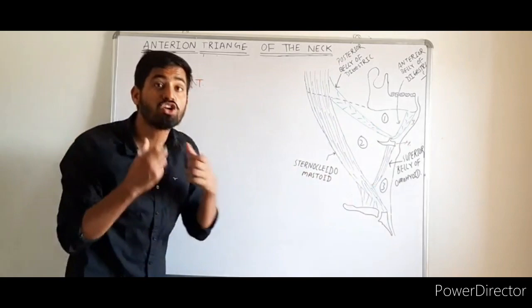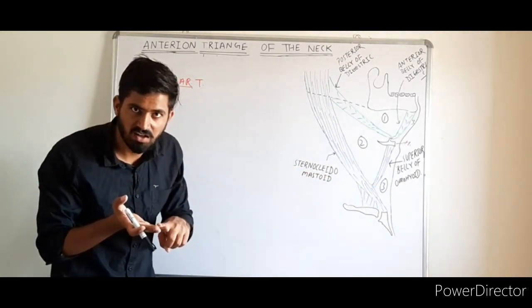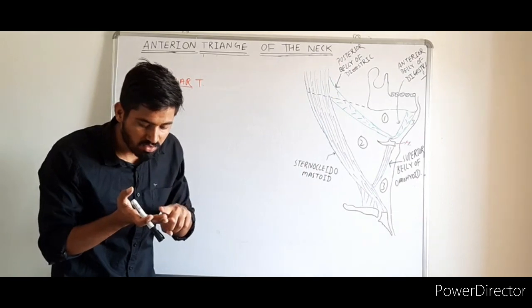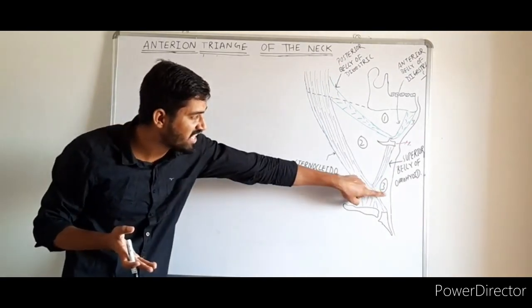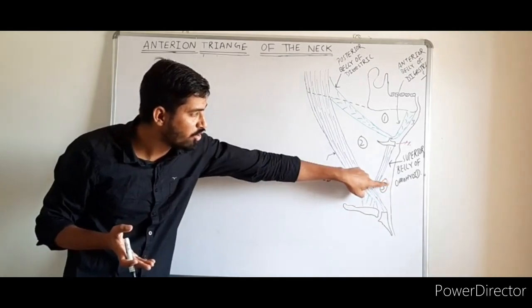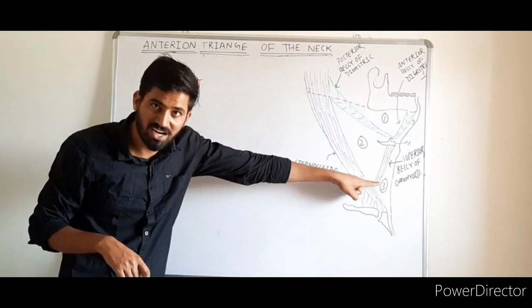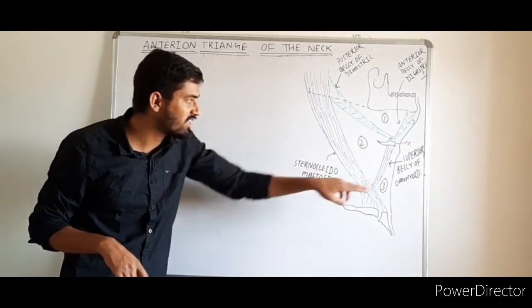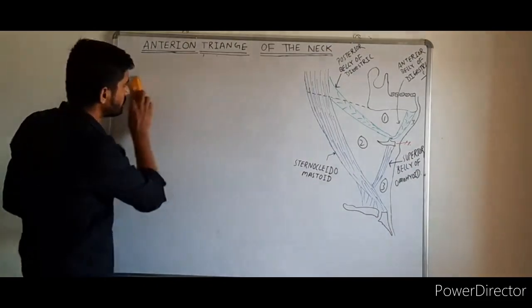So the thyroid gland will be there, at the level of C6 vertebra. Trachea and esophagus will be here. Trachea, esophagus, thyroid gland, and behind the thyroid, the parathyroid gland. All are the content of the muscular triangle. So the muscular triangle is over.